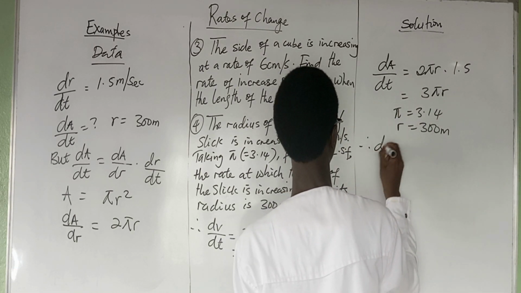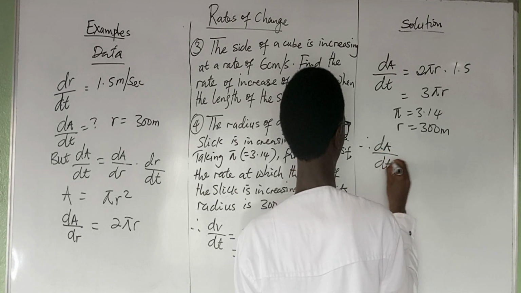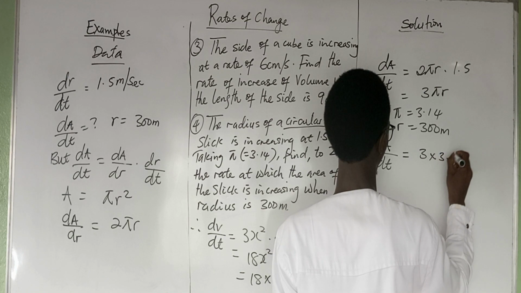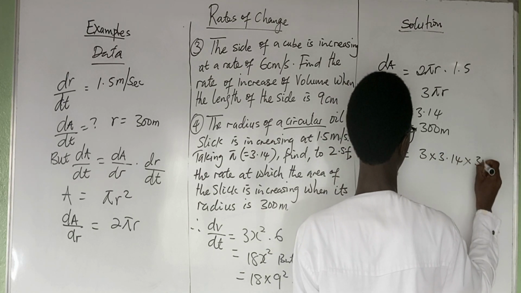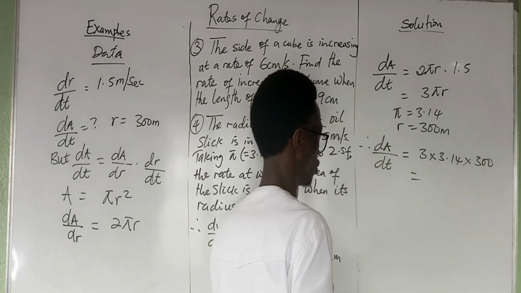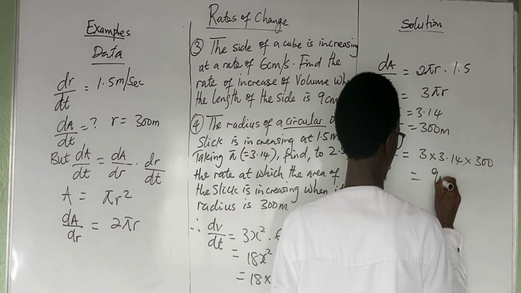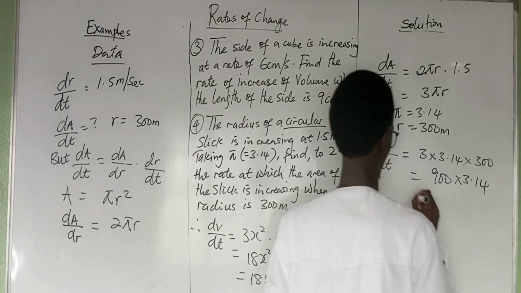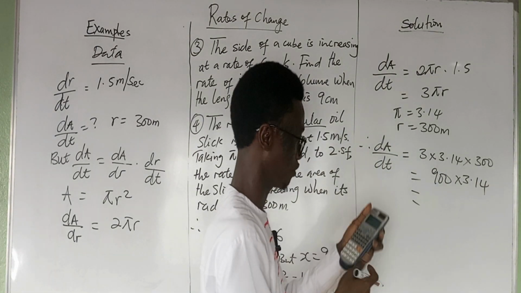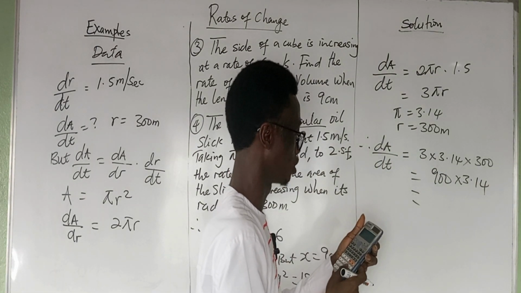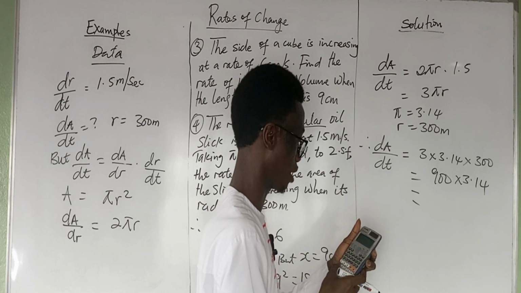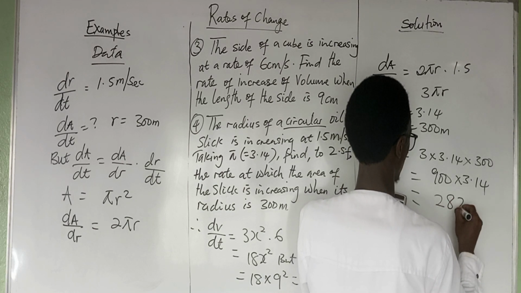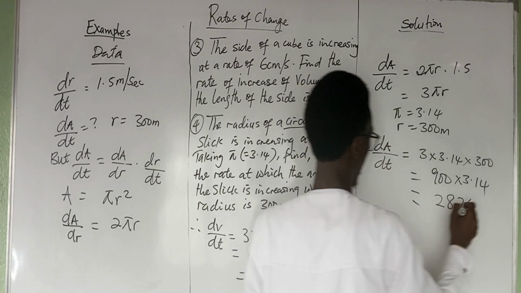Substituting, dA over dt equals 3 multiplied by 3.14 multiplied by 300. So you have 900 multiplied by 3.14, which gives 2826.